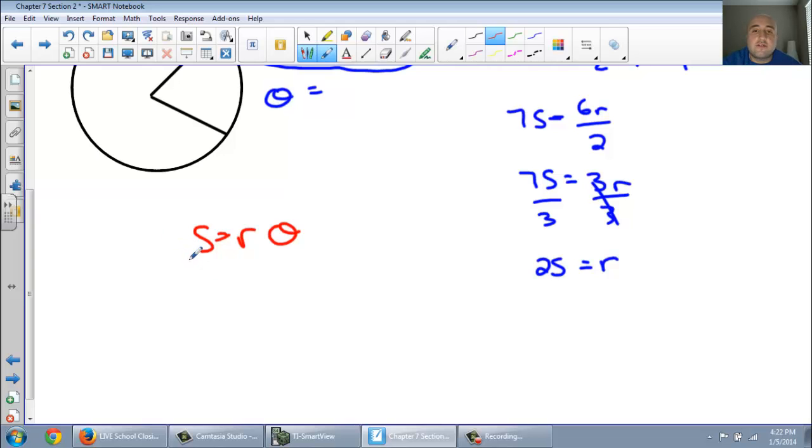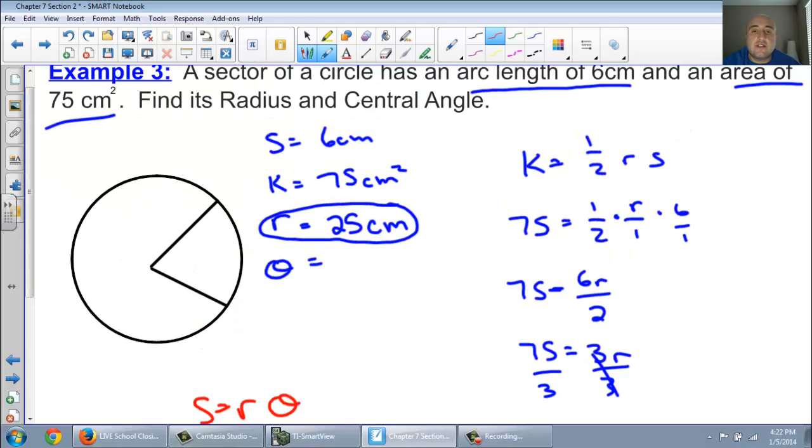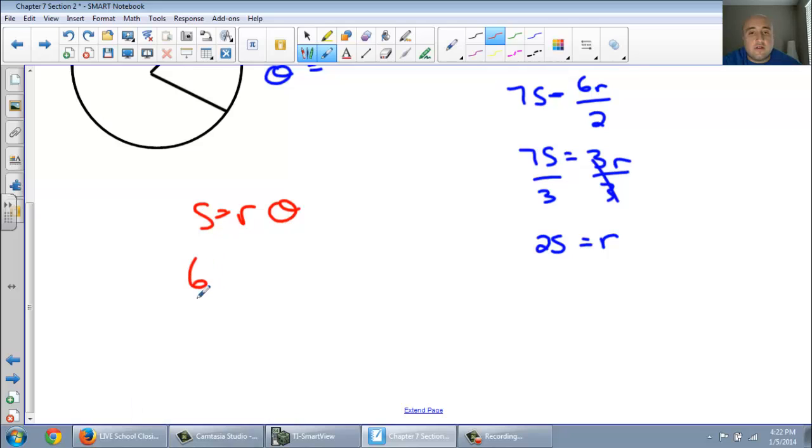What's S? Go back up here. S is 6 centimeters, equals R. We just figured out R is 25, times theta. So we have to divide by 25 to get rid of it. So theta equals 6 over 25.